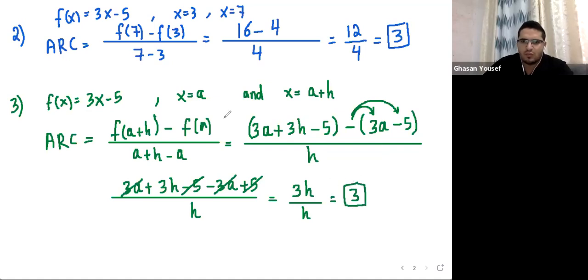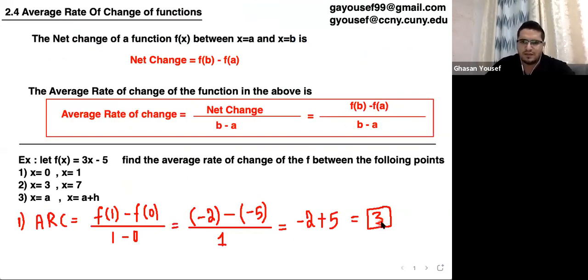So my question now: in number 2, they give me 3. In number 3, they give me the same answer, the average rate of change 3. And for number 1, they give me the same answer, 3. And all the points are different. Number 1, x between 0 and 1.